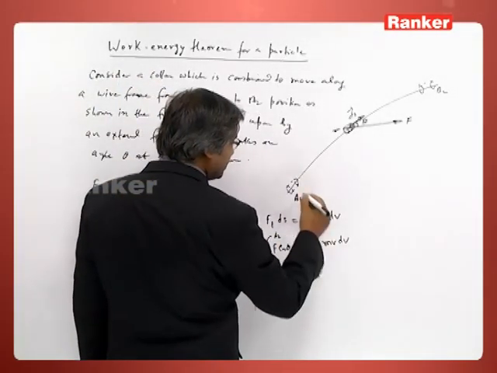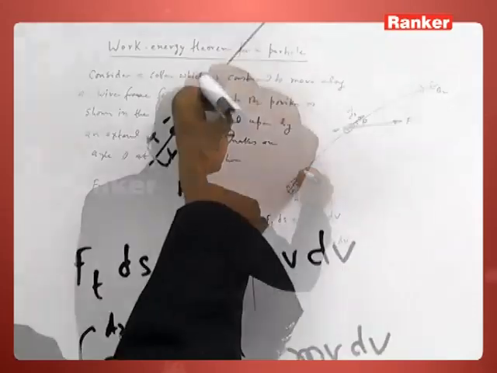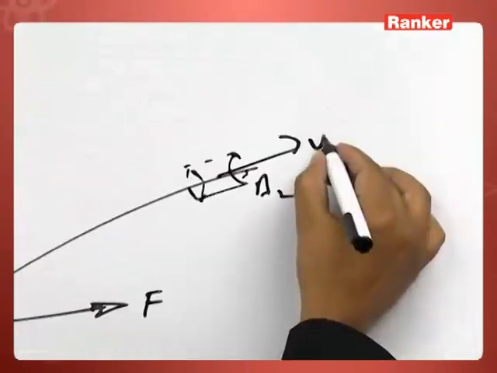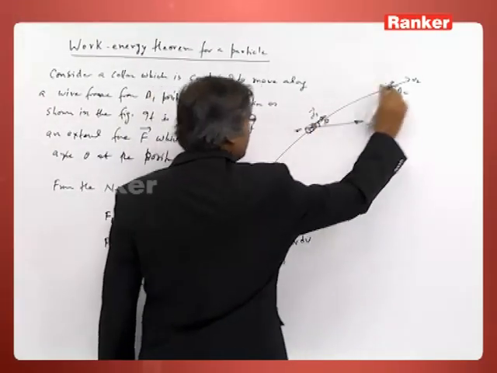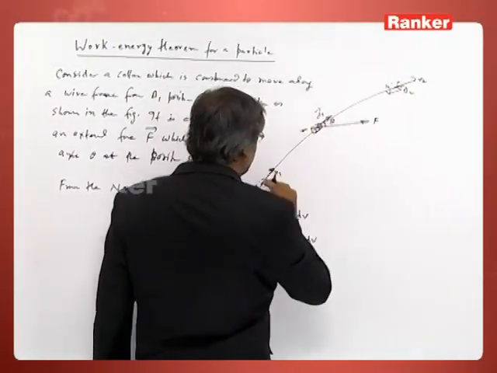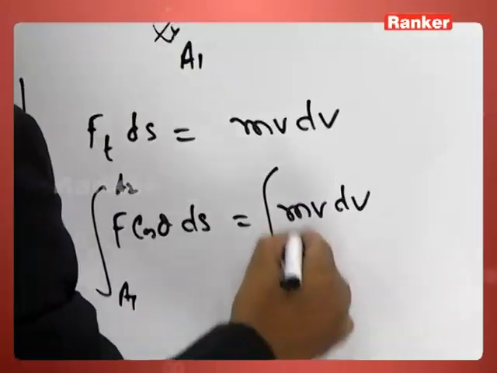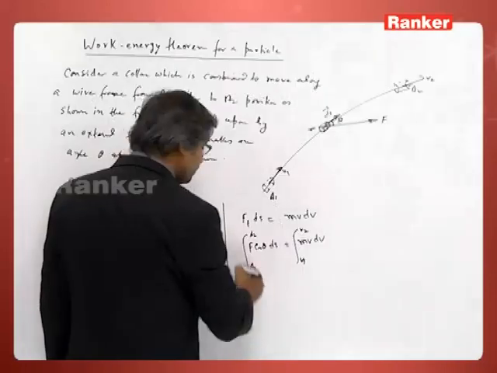Suppose at this stage the velocity is v1, and at this position we have velocity v2. So by applying the force, I have moved from velocity v1 to v2.